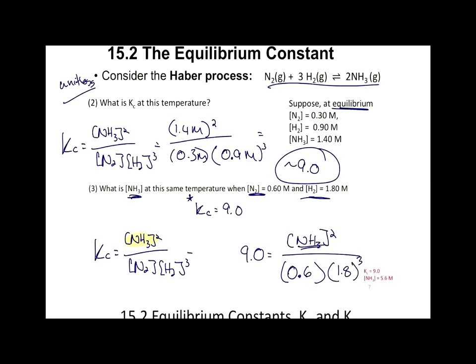Solve for NH3, take the square root, and you should be able to get the concentration of ammonia present in order to achieve that equilibrium constant. So just a little bit of reading comprehension, plugging in the numbers in the correct spot. You plug in that value and you should get that the ammonia present is something like 5.6 molarity. Great, so there's a good place to stop.